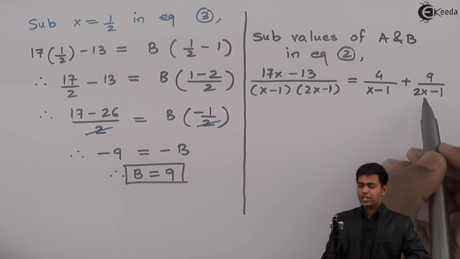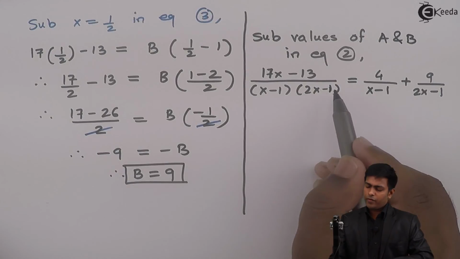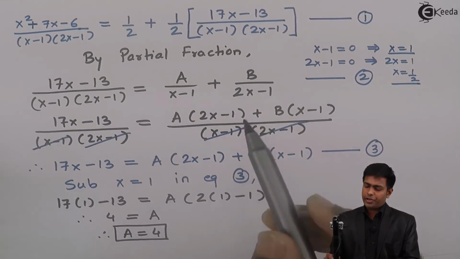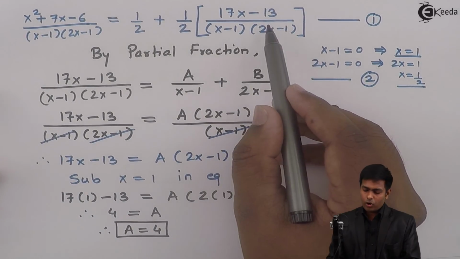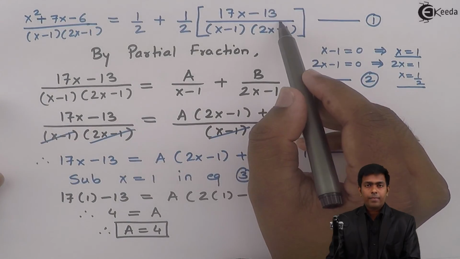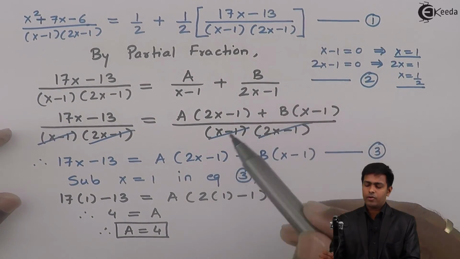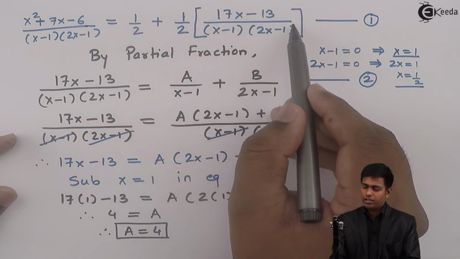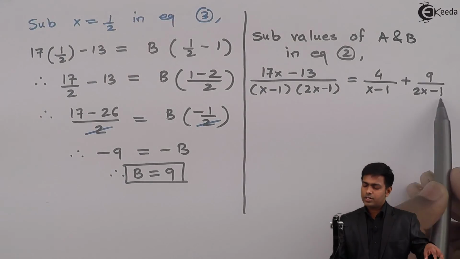So here we got the partial fraction of this, but we want to substitute this partial fraction in equation number 1, because this term we got from equation number 1. So now I will substitute that answer in equation number 1. So this will become 1 by 2 plus 1 by 2, and here in the bracket we will substitute this value.